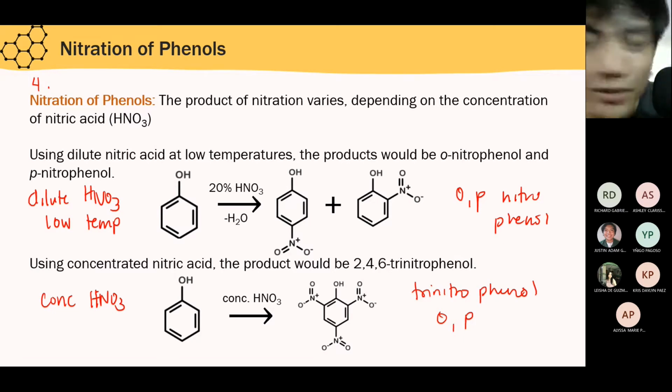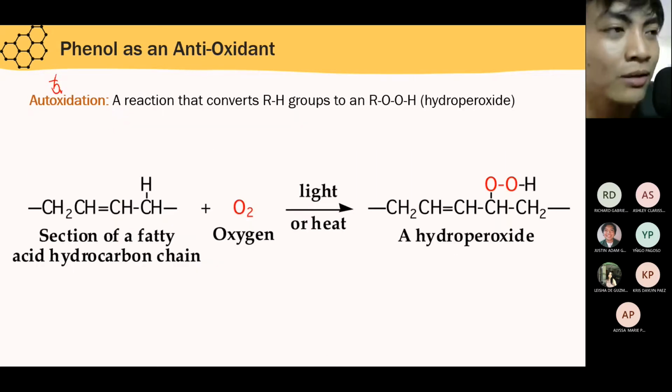And then of course, the most important thing, because it has something to do with our health, is the behavior of phenol as an antioxidant. Oxidants are produced when your molecules react with oxygen in the air.